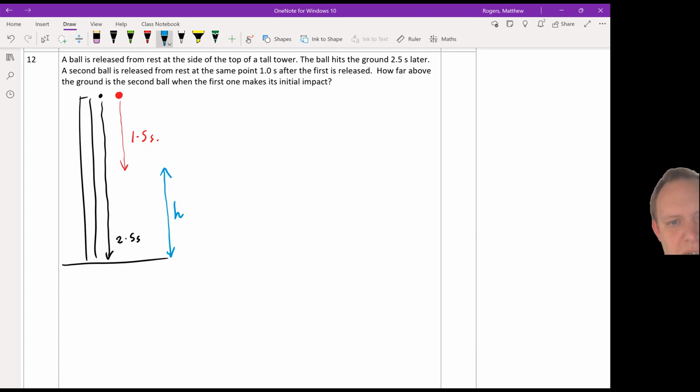So I think the sensible approach here is to think about the displacement. We know for both of these balls the initial speed is 0 meters per second, and we know for both of the balls the acceleration is 9.81 meters per second squared.